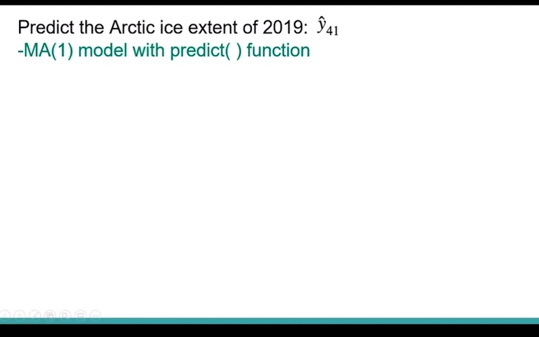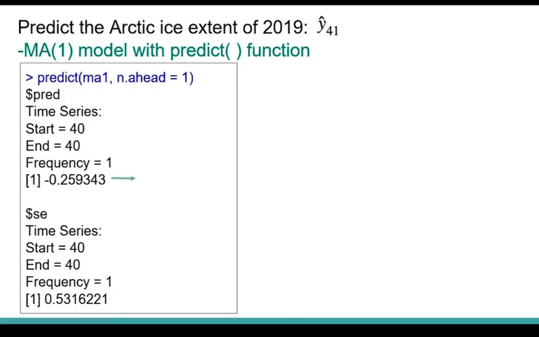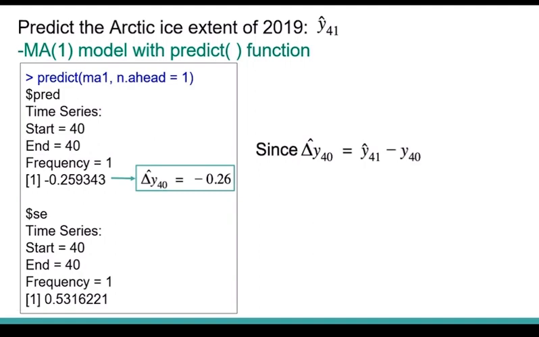What will come out of the prediction of the difference is what you call delta Y40. Delta Y40 is the predicted value for Y41 minus Y40, and this is what you actually want to find.